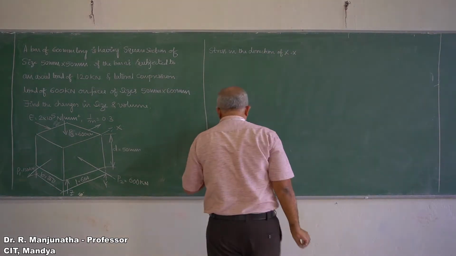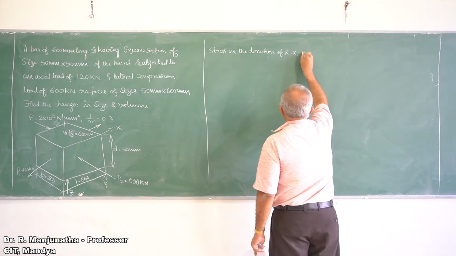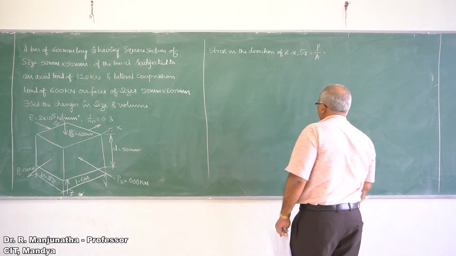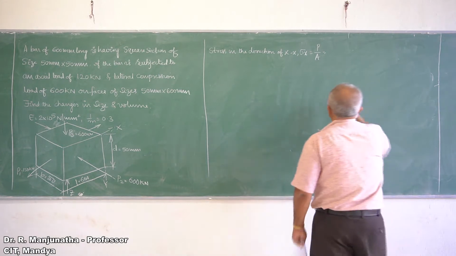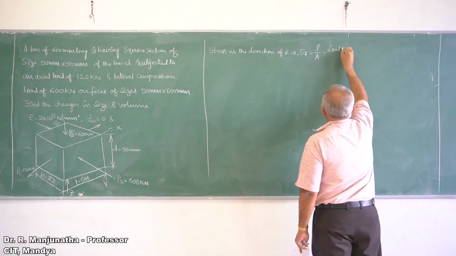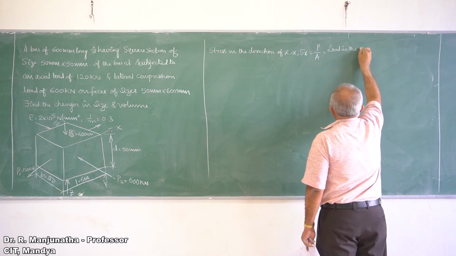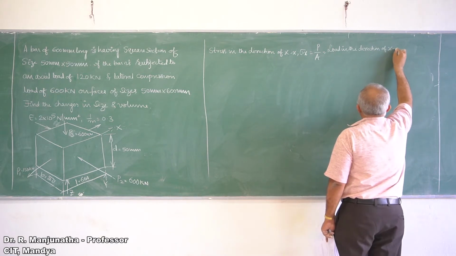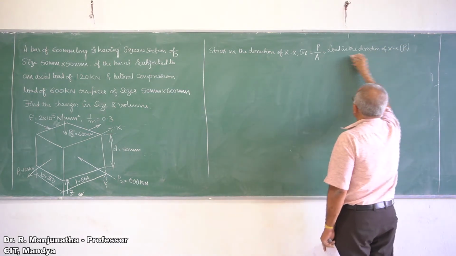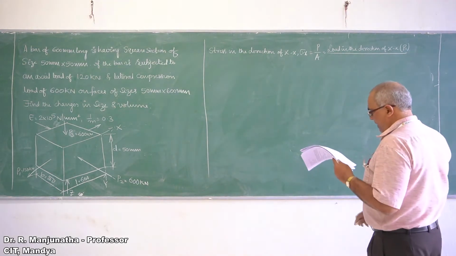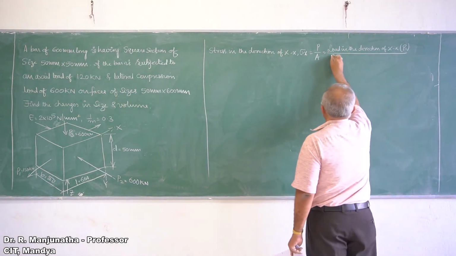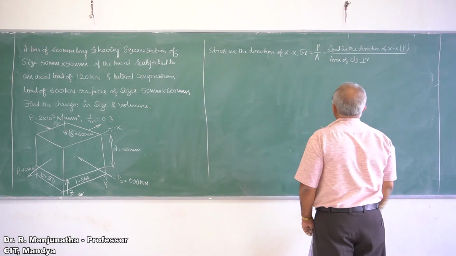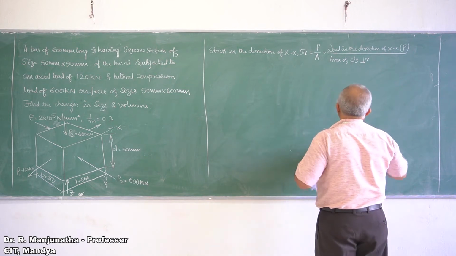So what is going to be the value? Since it is stress, sigma x, the general term is P by A, that is load divided by the area of cross section. The load in the direction of xx, in bracket, is P1, divided by the area of cross section perpendicular to the direction of P1.